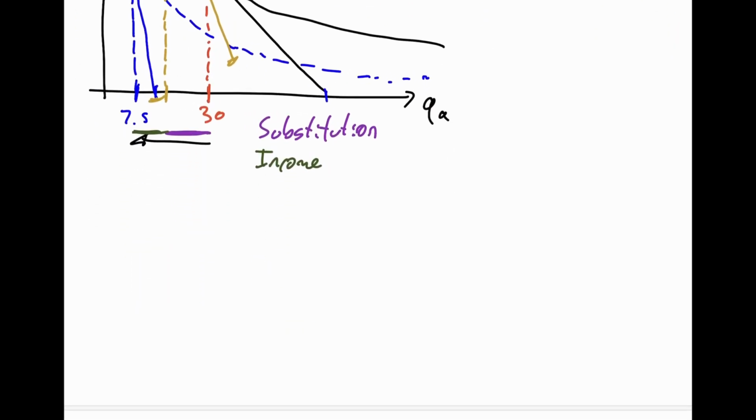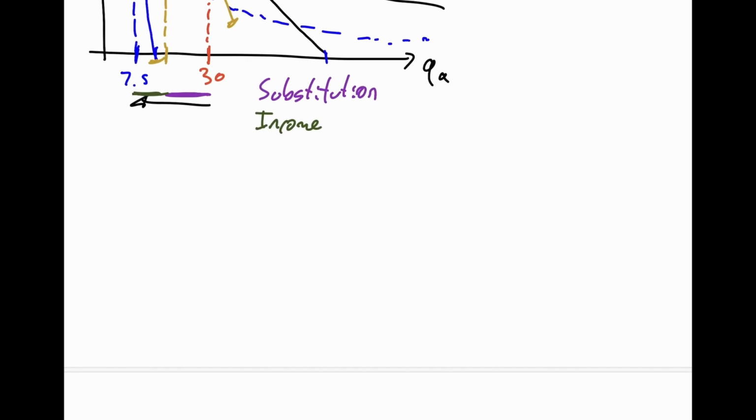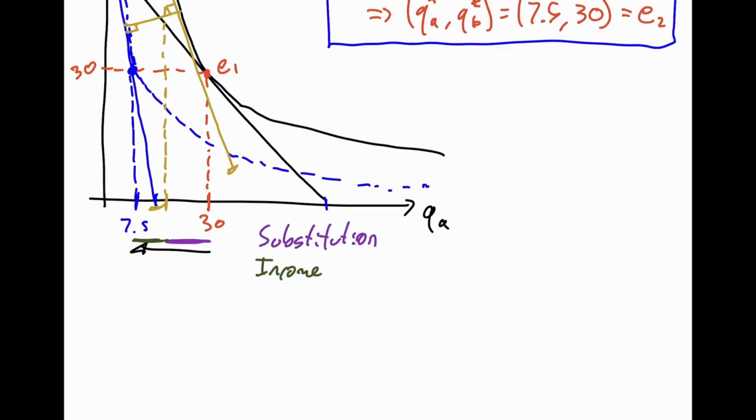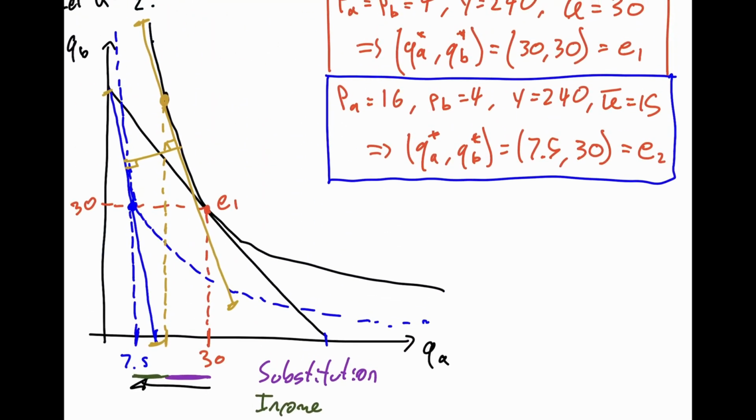So to do that, we're first going to introduce, or I guess follow up on the introduction of compensated demand. And the idea with compensated demand is to ask, how much do we have to shift our income from this line out to this line?